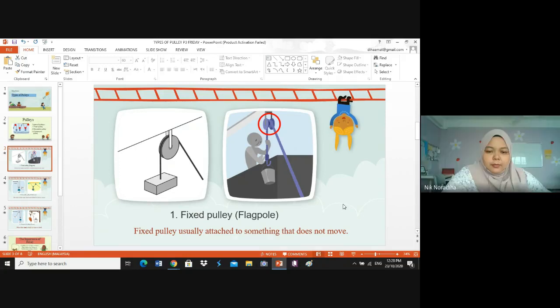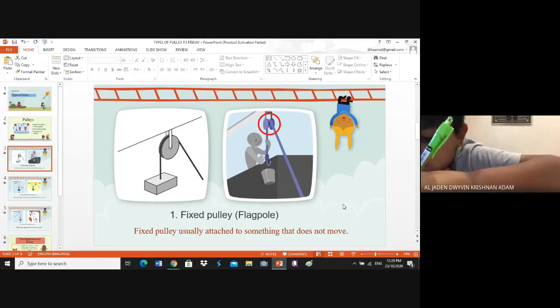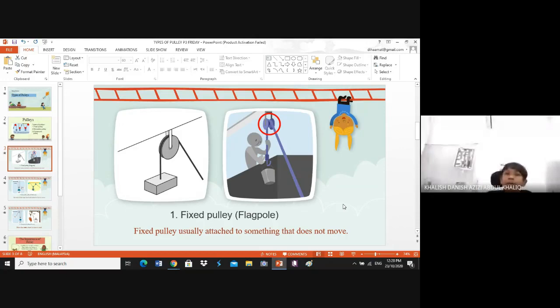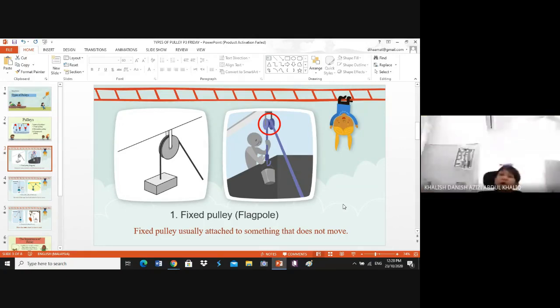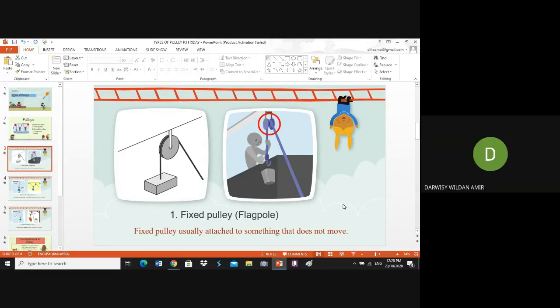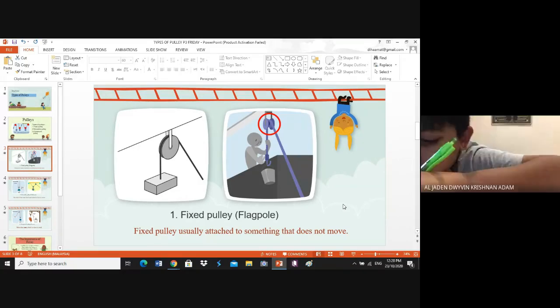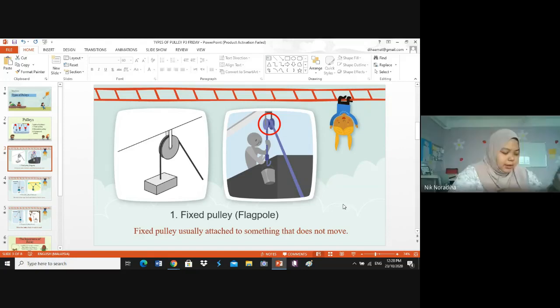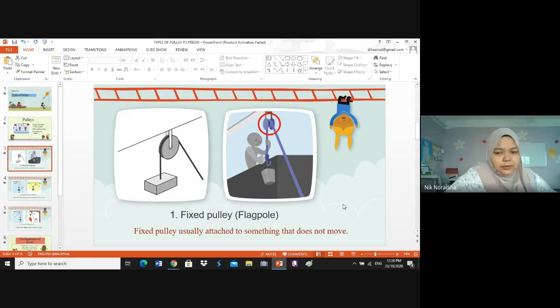Teacher, what time does the class end? Actually, the class finishes at 1:55. Okay, turn off the microphone now. Teacher, what do we have to do? We have to copy the notes, but it's okay. Turn off the microphone first.